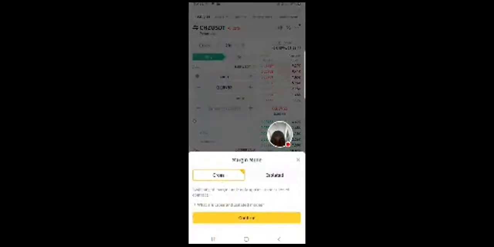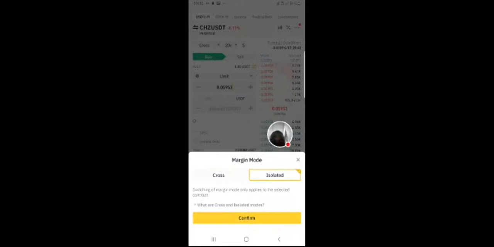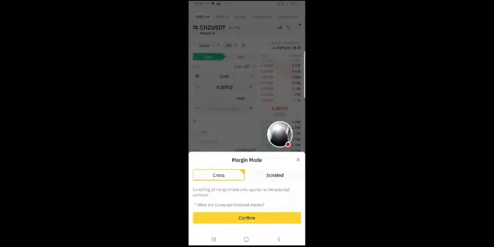This is cross and isolated. These two types of trade, if you are on cross, it means that your balance can be eaten up when your liquidity is low.